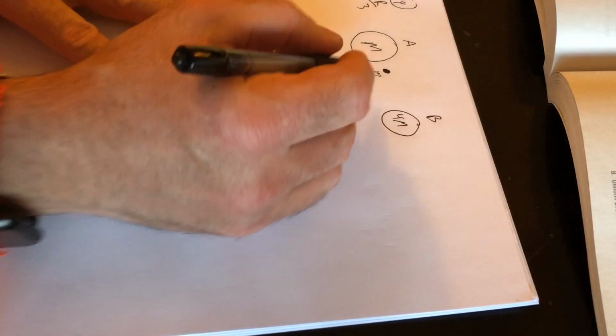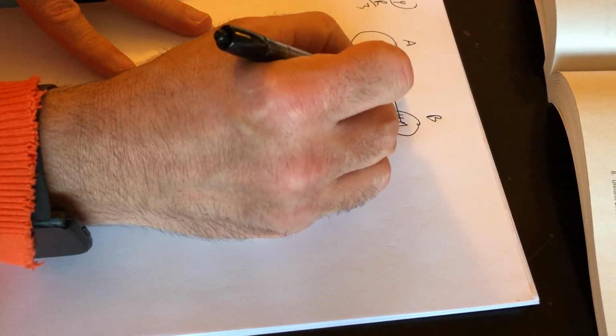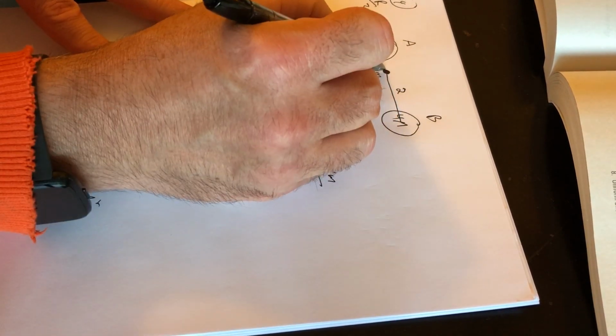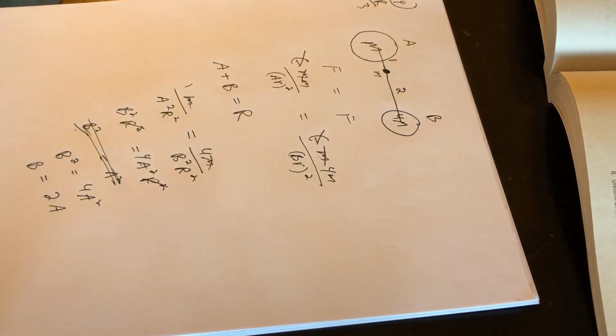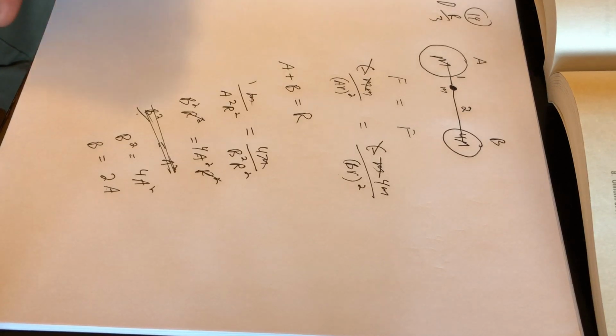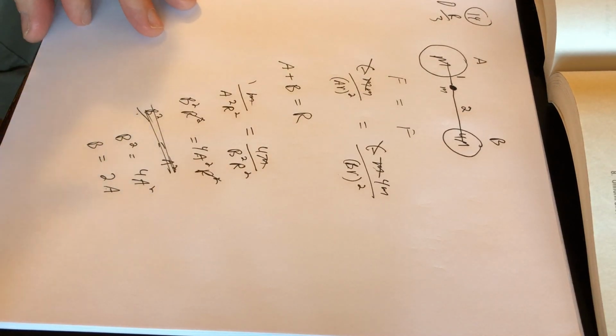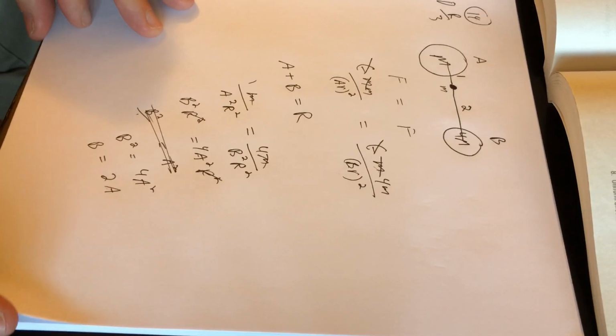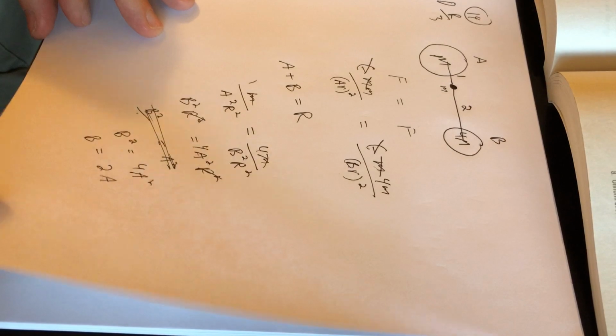So does that, you know what I'm saying? This would have to be 2 and this would have to be 1. So it's going to be 1/3 the distance. I don't want to get too crazy with the algebra, but that's the idea with 14. So let's move on.